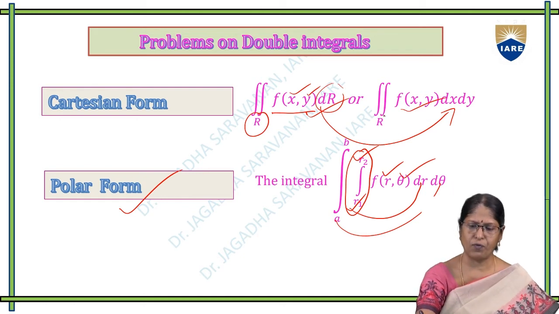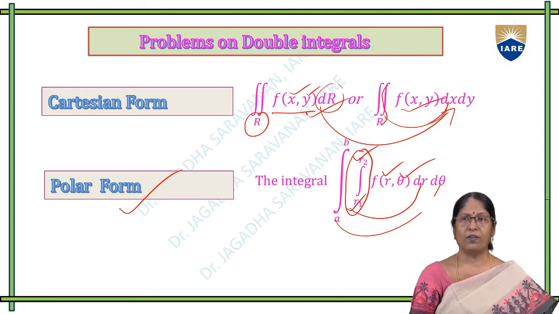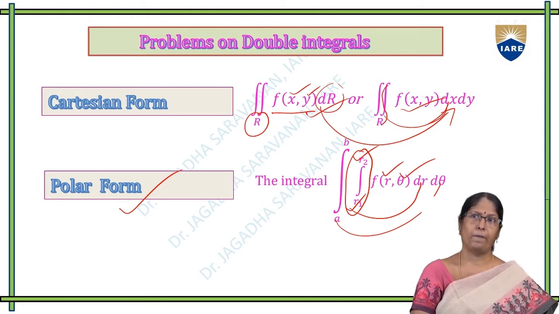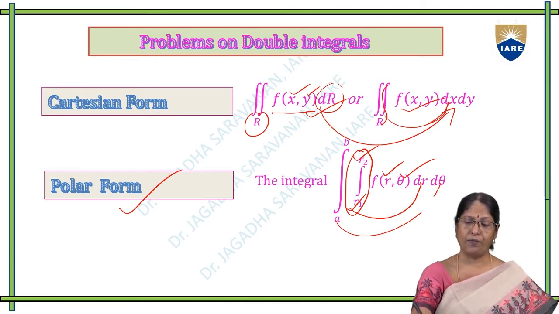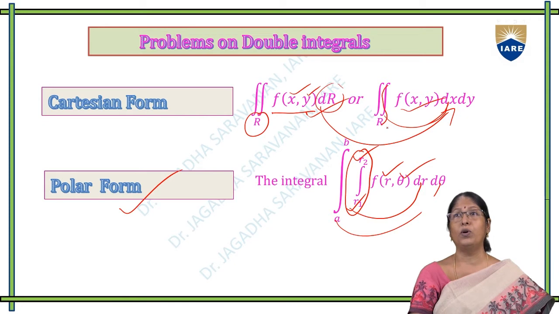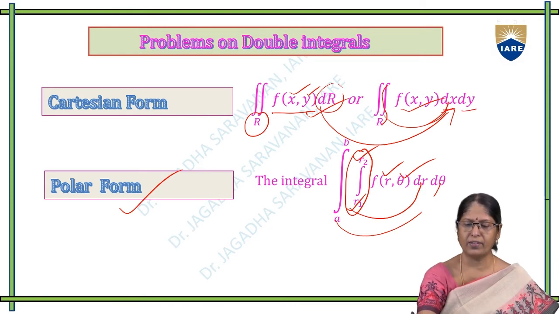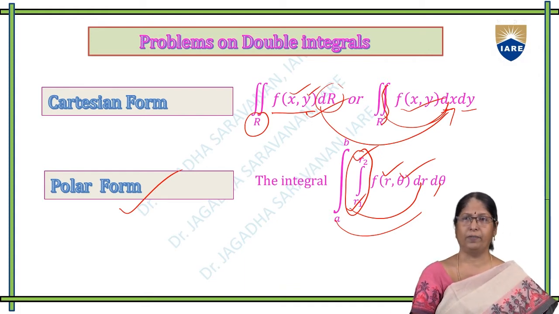Even in the Cartesian form, we will do the integration in the same way. The innermost is a function of x and defined for y. If it is defined for y, first we will integrate with respect to y. Here it is written dx dy, so the innermost is defined for x.